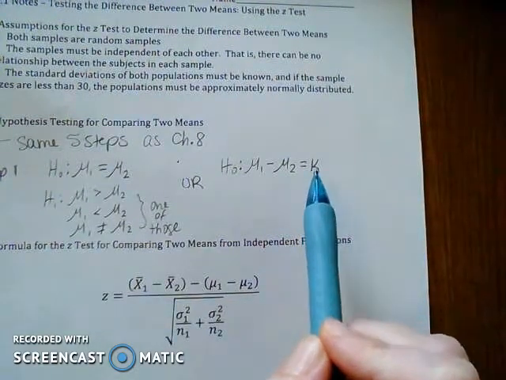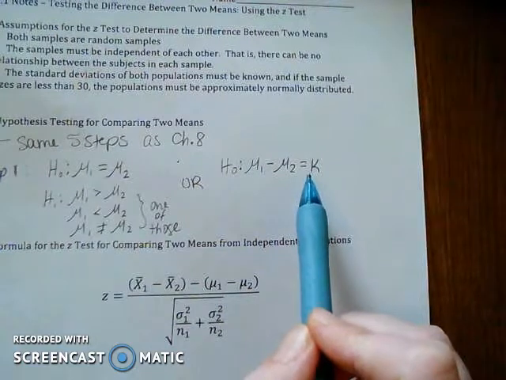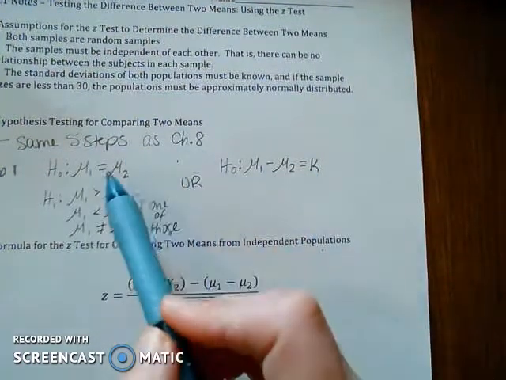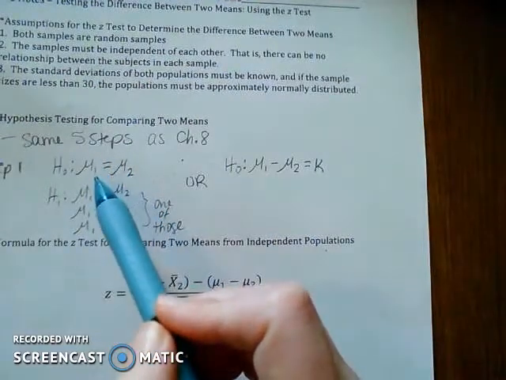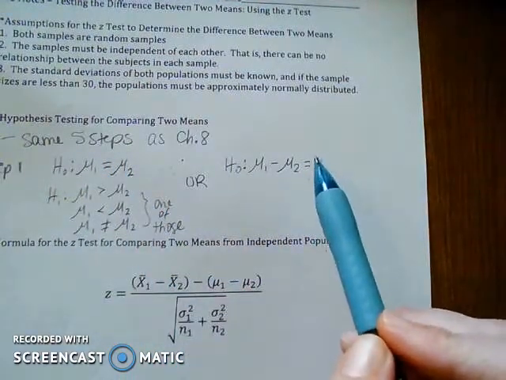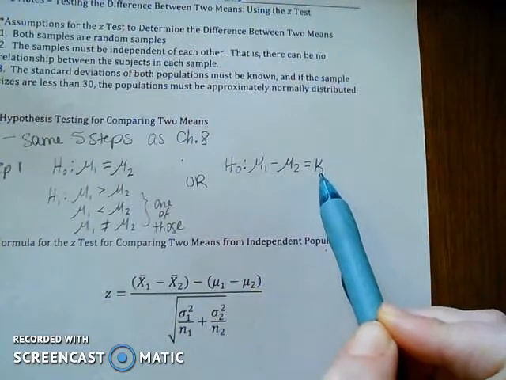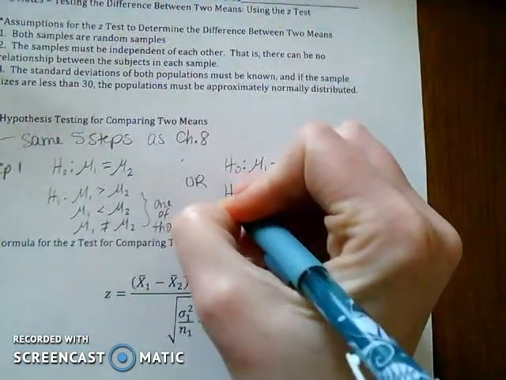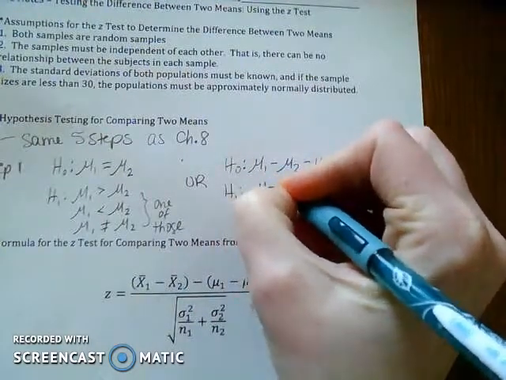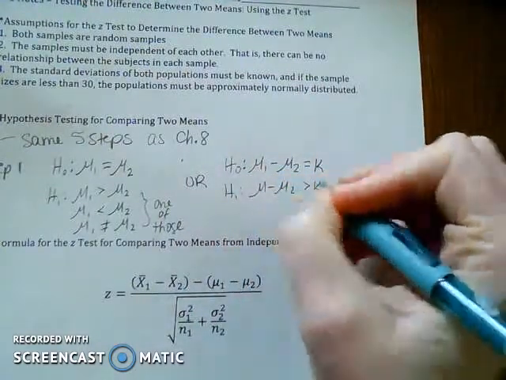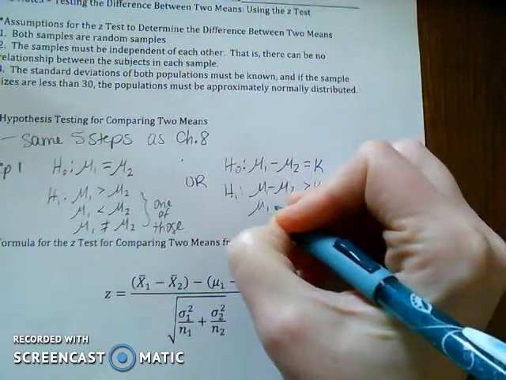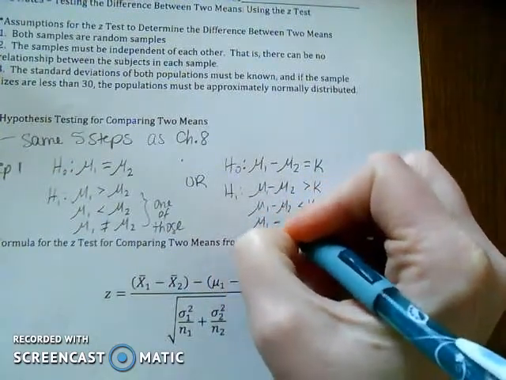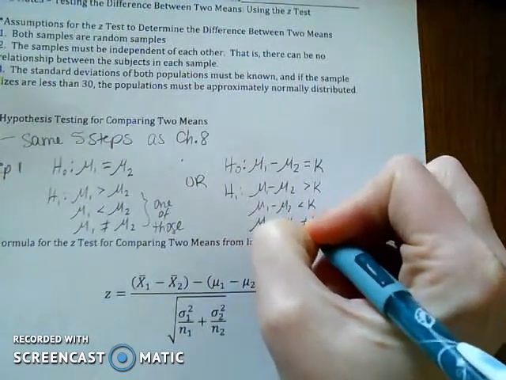I promise you there is one in your assignment that you have to use this for. You will not have to on the test. Okay, so every Chapter 9 problem on the test will look like this. But in your homework, one of them will look like this because they're going to give you a specific value. All right, so then in this case, your h sub 1 is either going to be greater than k, less than k, or not equal to k.